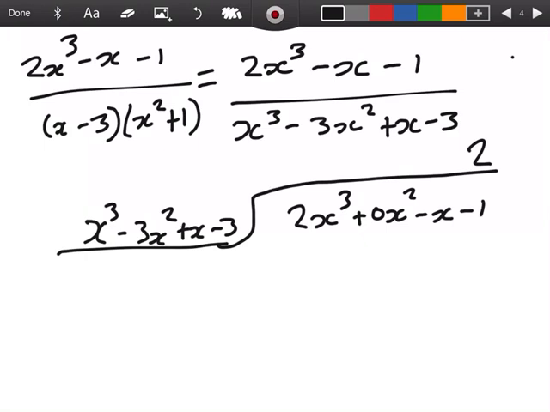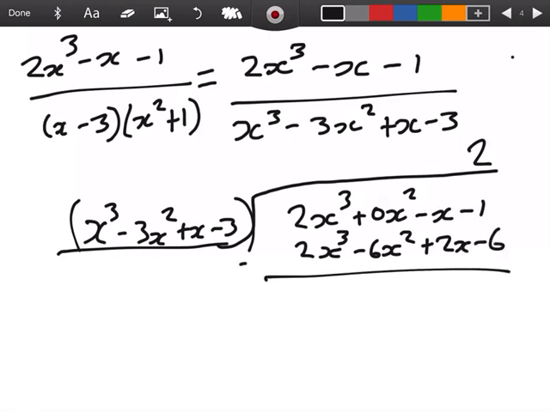So that becomes 2 times the brackets here, 2x cubed minus 6x squared plus 2x minus 6.